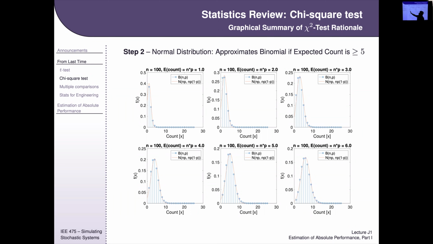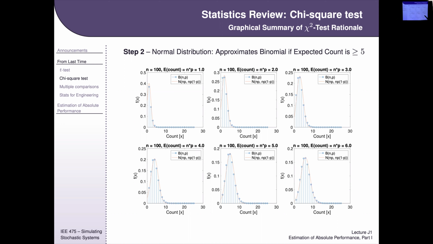And as we can see, the binomial distribution, that's the stems in each one of these plots, as the expected number that comes up heads gets larger and larger, goes from being a peak on the left-hand side with a long tail, a very skewed distribution, to getting a little bit more hump-shaped and moving itself away from 0. By the time you get 5, it's pretty darn hump-shaped. And then at 6, it's pulled pretty far away from 0.